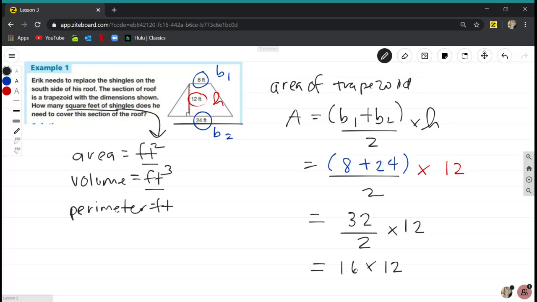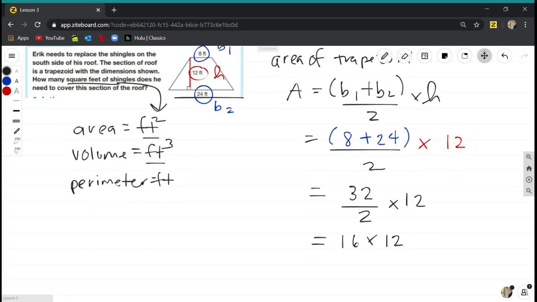So let's go ahead and put that right here. 192. Remember to always keep your units feet squared. So that's our answer. Awesome. So the section of the roof is covered.